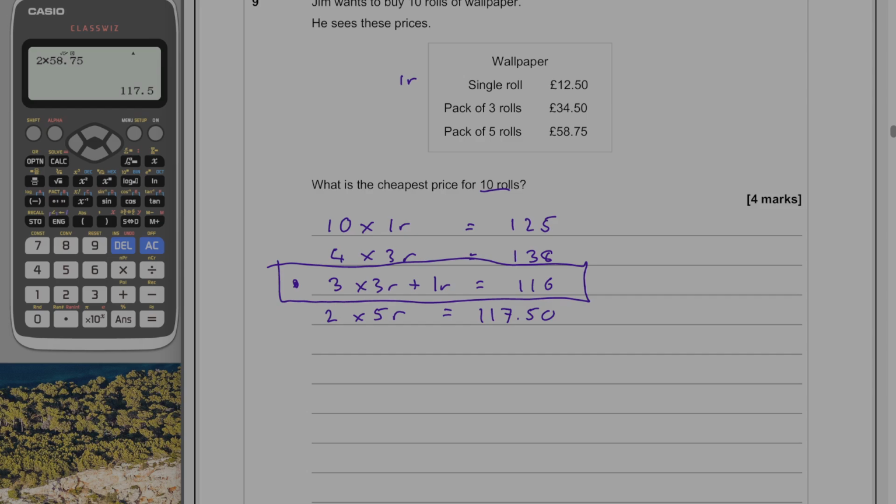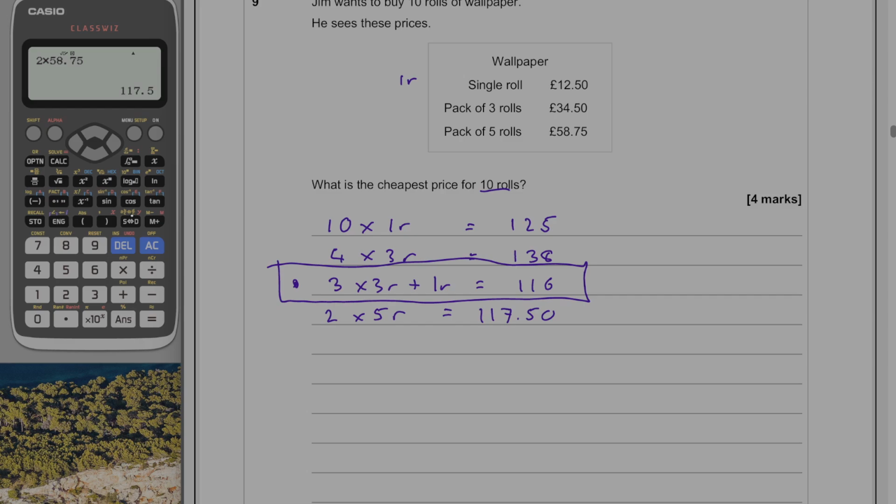My cheapest one is obviously right. Yeah, it says 117.5 will get you 3 marks.